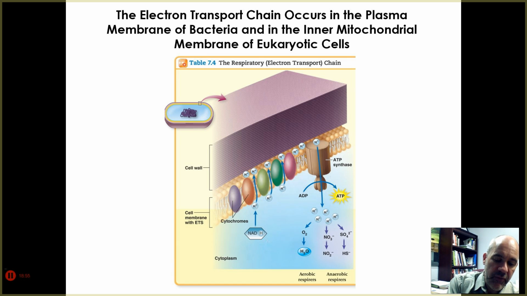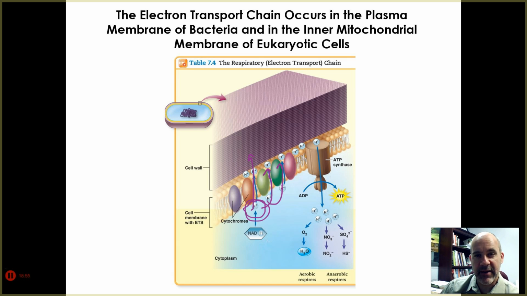And so they're over here on this side of the cell membrane. As the electrons flow from one electron carrier to the next, there's energy associated with that. That energy helps drag these hydrogen ions, if you look closely at the diagram, from one side of the cell membrane to another. It's a type of active transport.